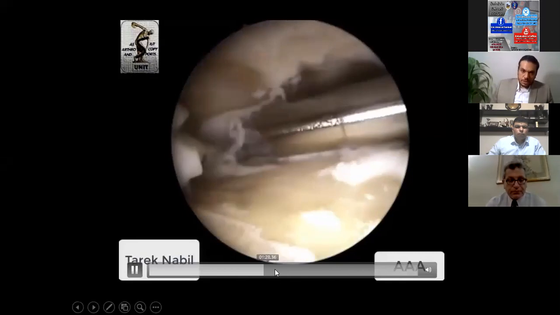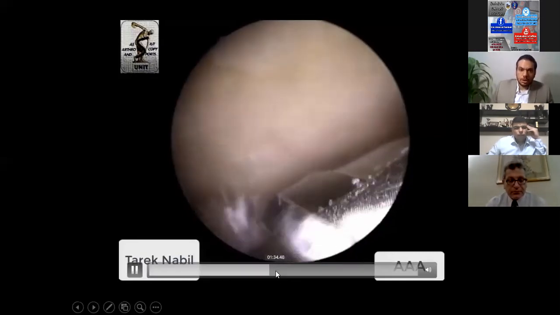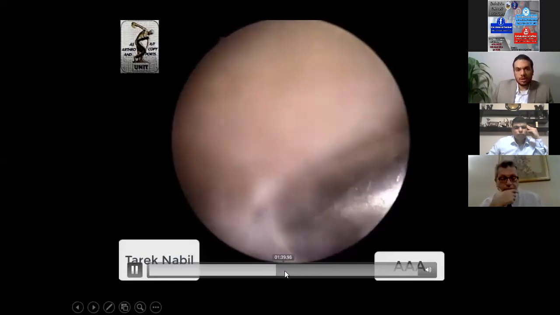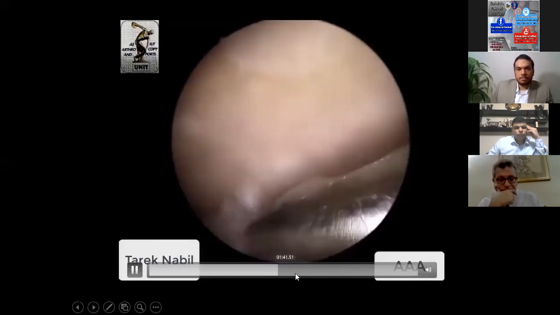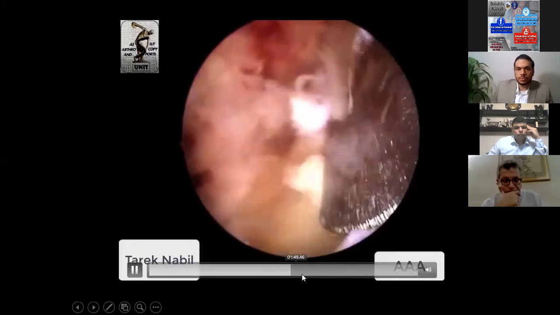After satisfactory denudation of all the articular cartilage, some abrasion arthroplasty can be performed to enhance the fusion rates. Maybe also some shingling of the subchondral bone using the arthroscopic osteotome.